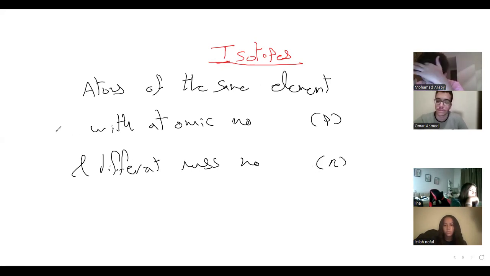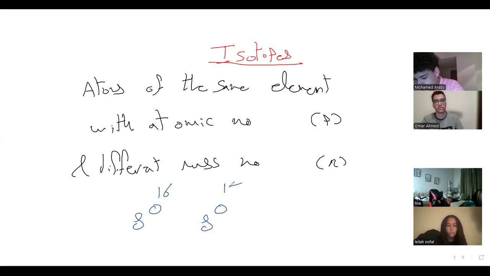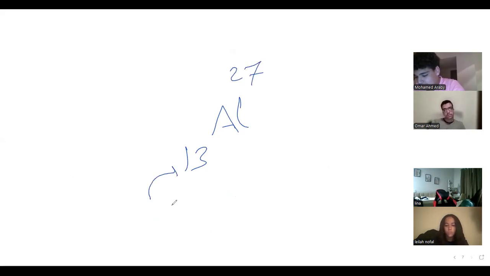Like, for example, if we have O8 16, O8 17, O8 18. The number written down, for example in Al13 27, is considered to be the number of protons, number of electrons, atomic number.